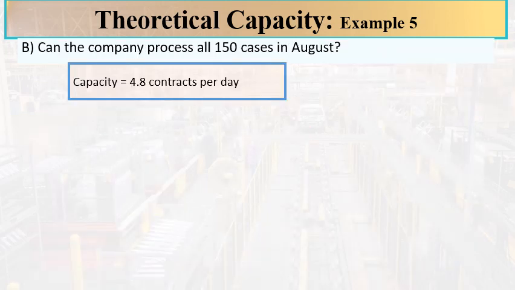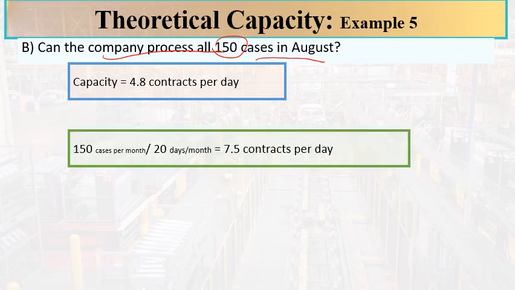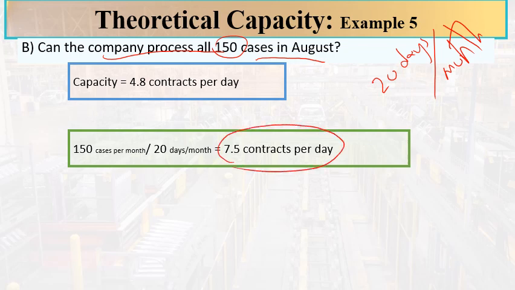So part B of the question says, can the company process all 150 cases in August? We know in the question that there's 20 days per month for this law firm. So we take these 150 cases and we divide it by 20 to get how many contracts per day, because all the numbers we've calculated in the previous slide were per day.